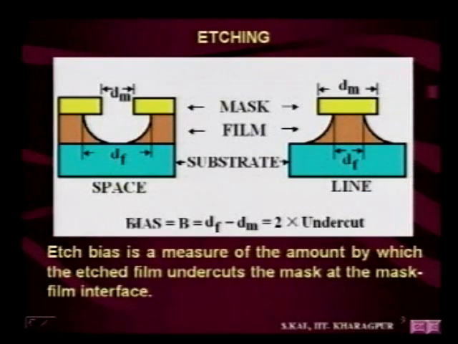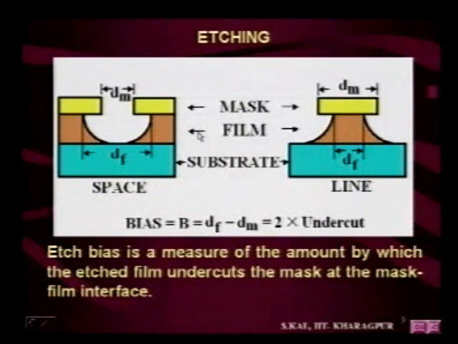So, what is the bias? By definition, df is the lateral dimension in the film, and dm is the lateral dimension in the mask layer. So df minus dm is known as b, which is the bias, and this b is equal to 2 times the undercut. Here is one undercut and here is another undercut. The undercut is the same on the left side and the right side.